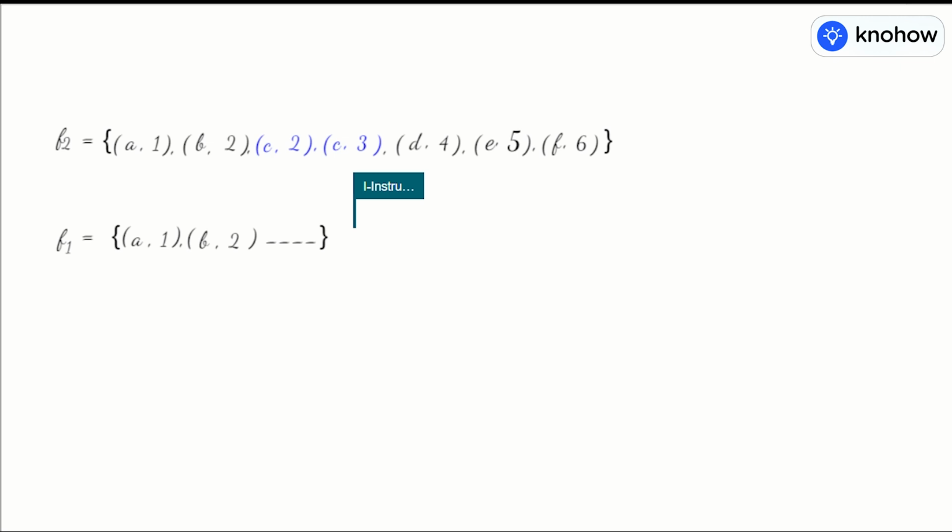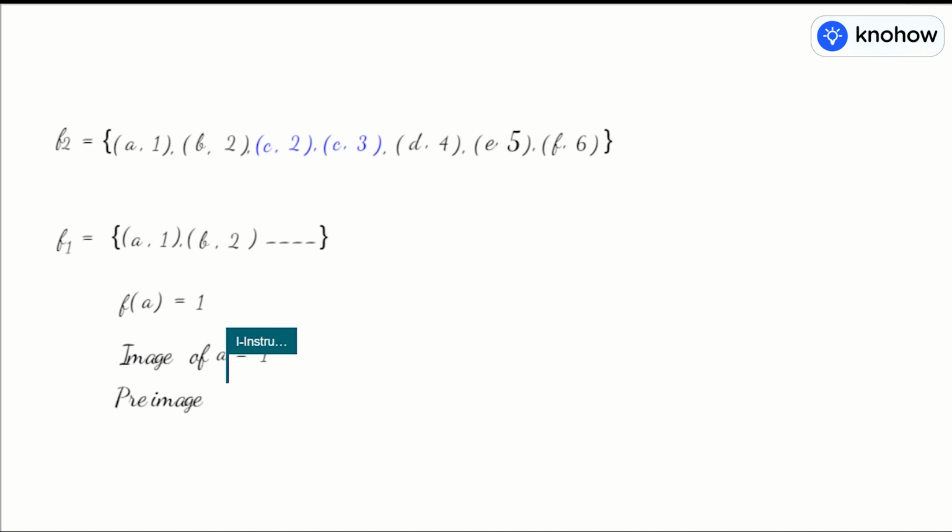We can write f(A) equal to 1. Or we may also write the image of A is 1. Or I may further write the pre-image of an element of set B, that is, the pre-image of 1 is A. Please note the three terms.